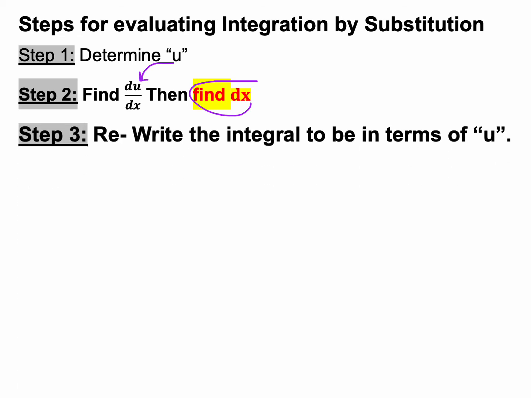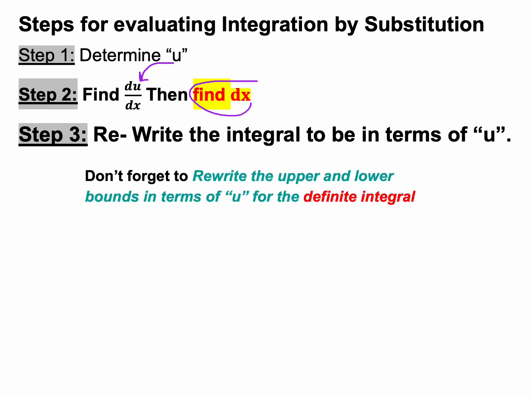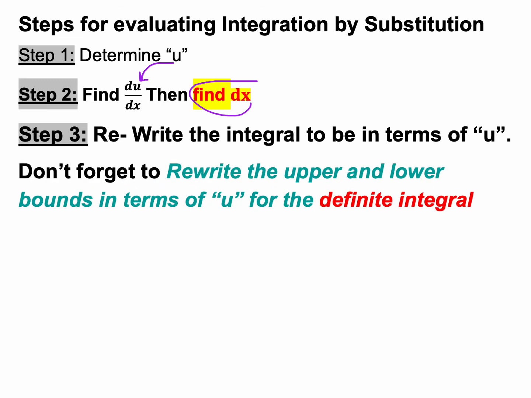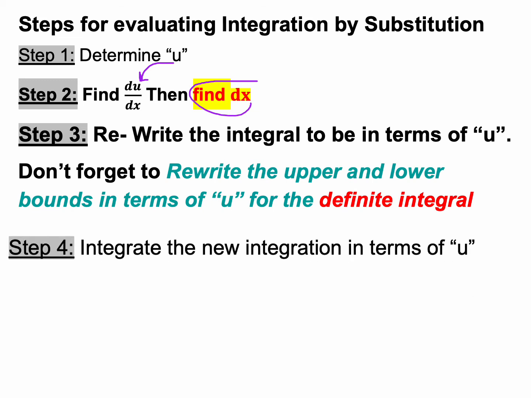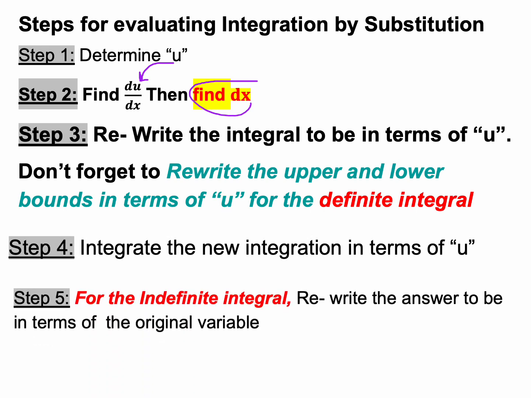After that, we need to rewrite everything in the integral to be in terms of another variable. Even the boundaries, we need to change them from in terms of x to be in terms of u. Then after that, we should get the new integration in terms of u. Then we should get the integral back to be again in terms of x.